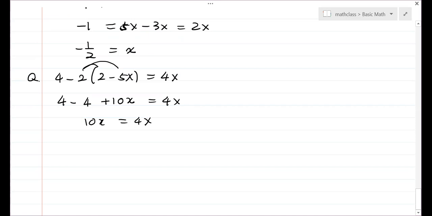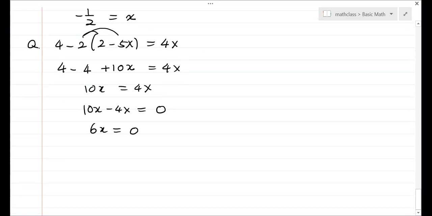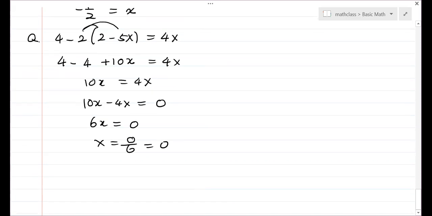How do you solve this equation? You move 4x to the left-hand side. Then you get 6x equals 0. Then x must be 0. Okay, 0 is the answer.